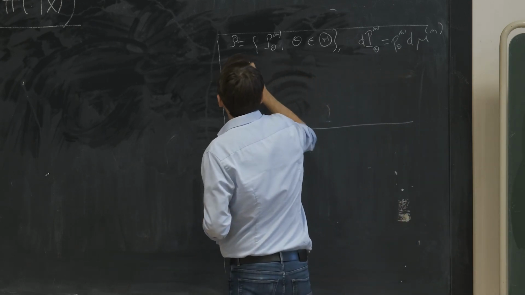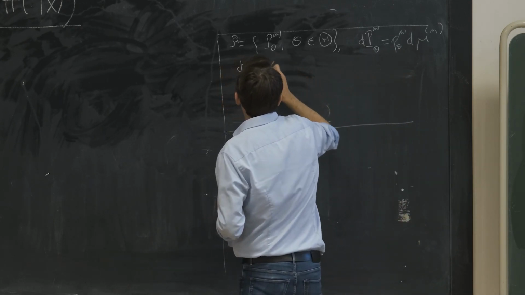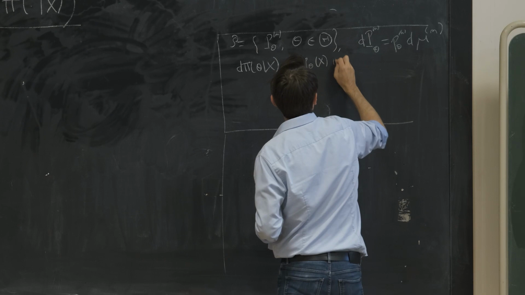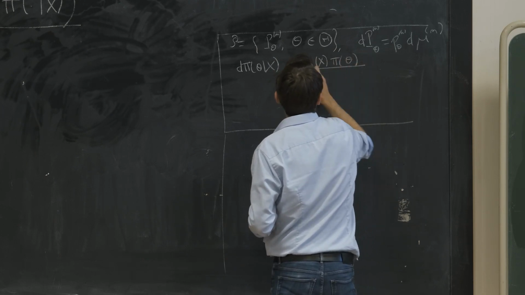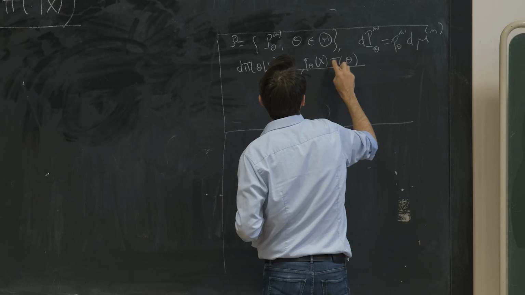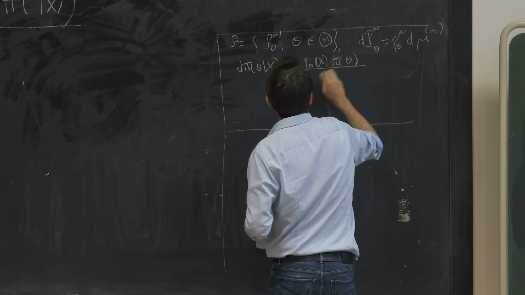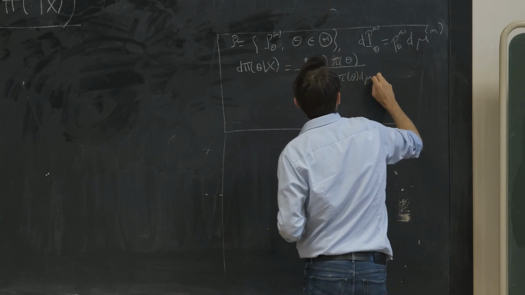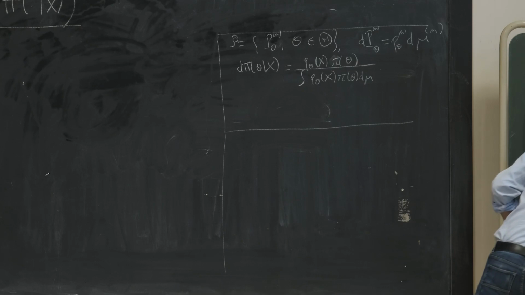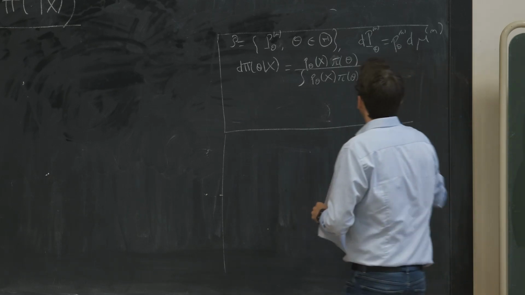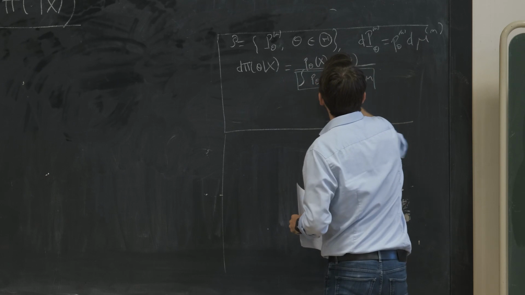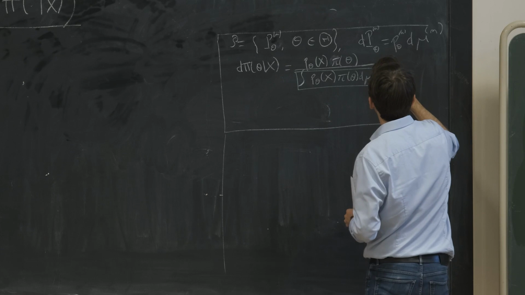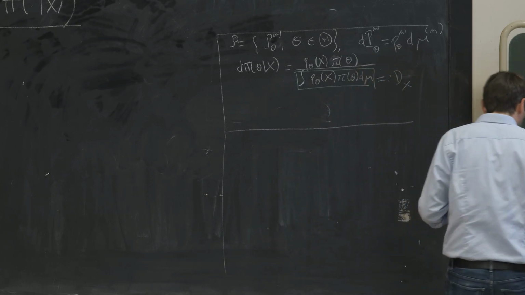And so we have Bayes formula: d pi of theta given x is going to be, as given by Bayes formula, little p theta of x times pi of theta, divided by the denominator, which I'll denote the marginal density of x. In the Bayesian setting, I'll denote it p(x) as a shorthand.